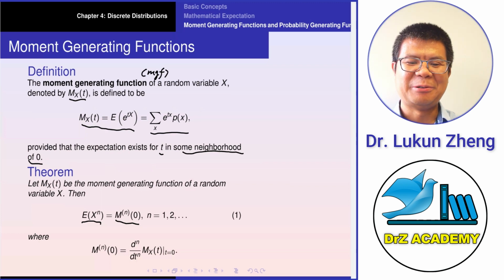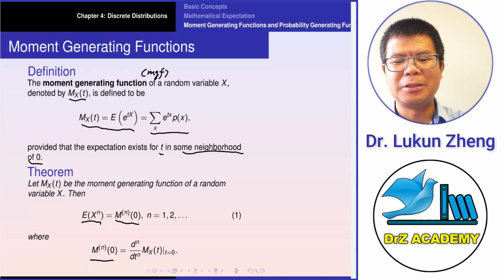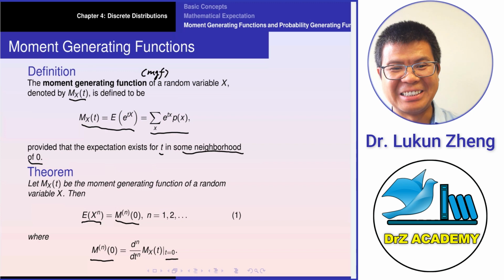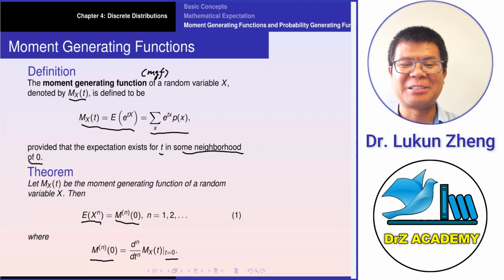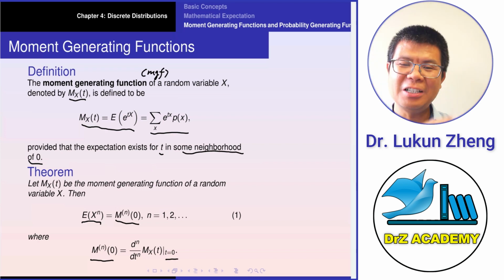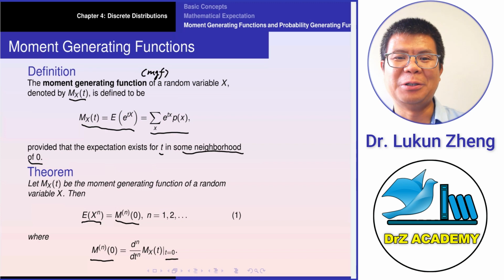So M_X^(n)(0) is simply the nth order derivative at t equal to 0. Alright, so that's why it is called moment generating function. Through this function, we can find the moments of the random variable.